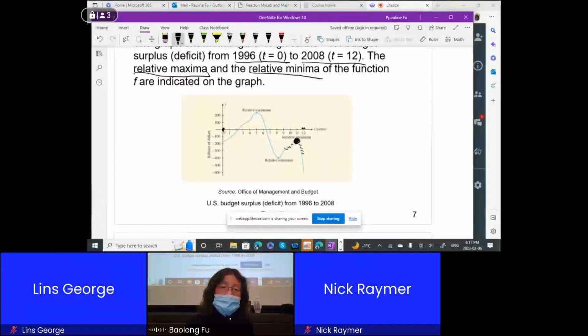But this number is smaller than, for example, the number here. Relative means you only consider nearby. So we say this is a relative maximum because it is greater than all the numbers here. And similarly, this point we call relative minimum because this point is smaller than the numbers nearby.